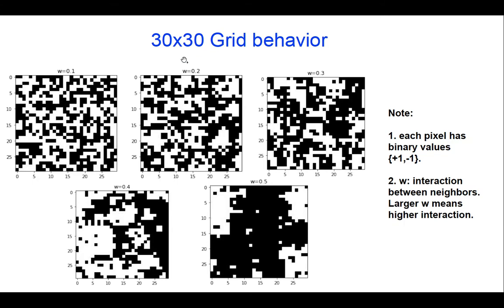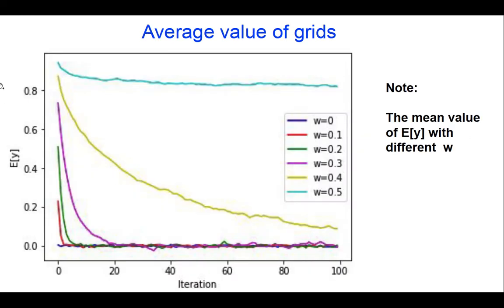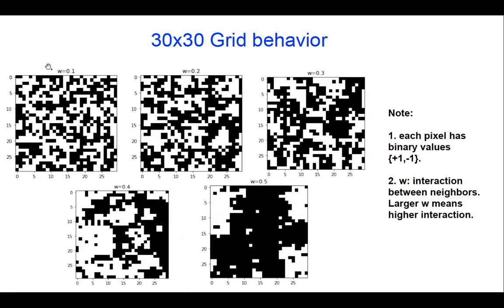Here I'm going to use the performance of a 30 by 30 grid Ising model to explain why we use the Ising model. So now here we have 5 plots, which are the grids after 100 iterations at different W values in the Ising model.